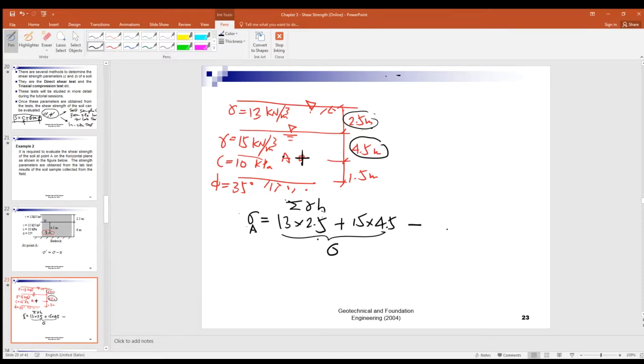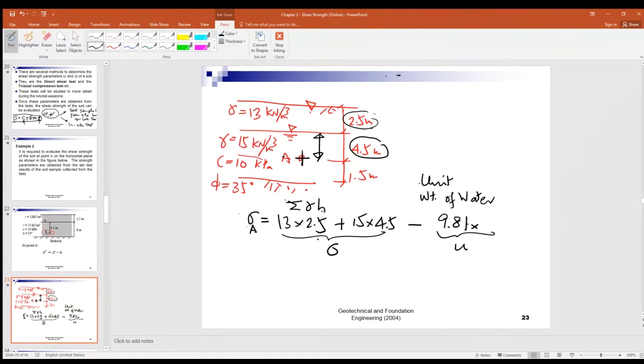And you have minus the U, right? What's the U? You can see here. What's the pore water pressure below this groundwater level? So the unit weight of water times the depth.